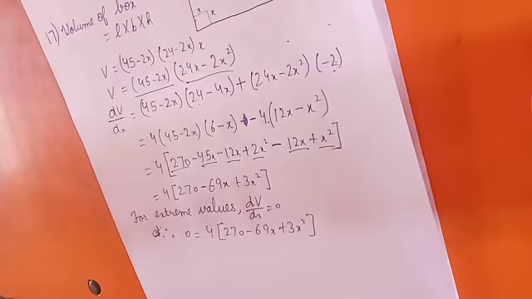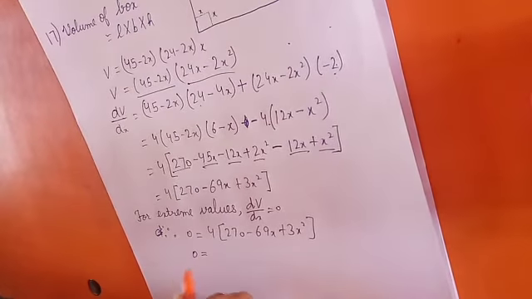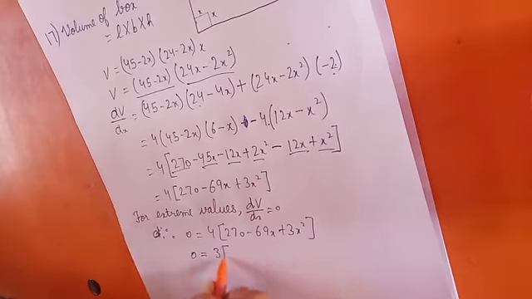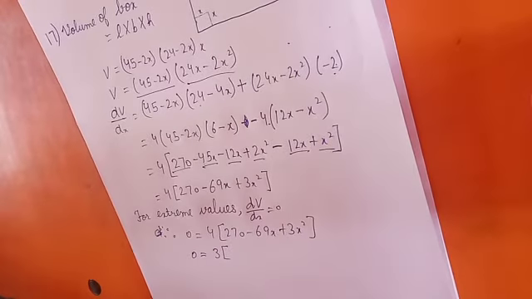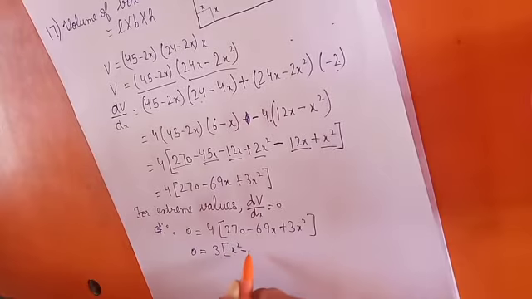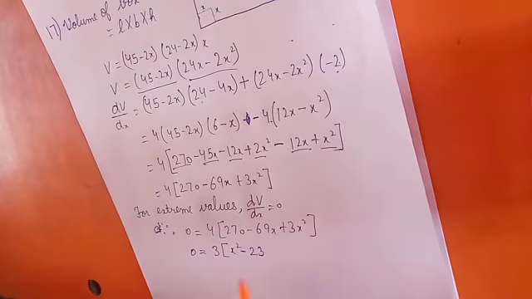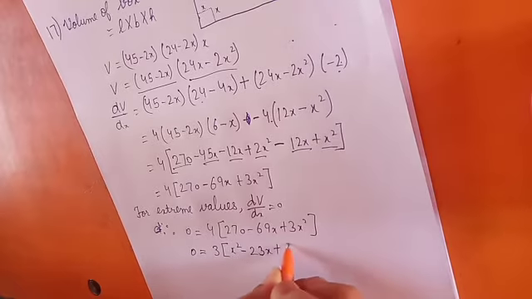Now I can take 3 common from here also, so 0 is equal to 4 into 3 common, then x square minus 23x plus 90.